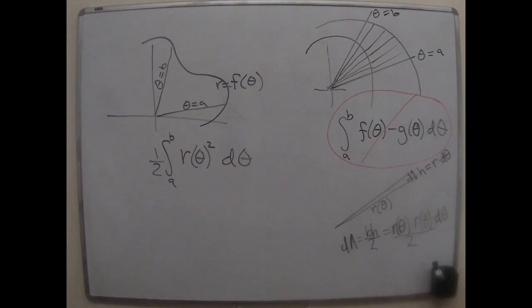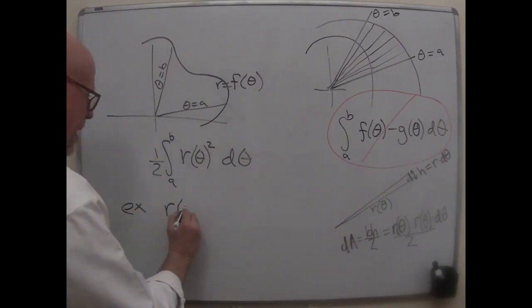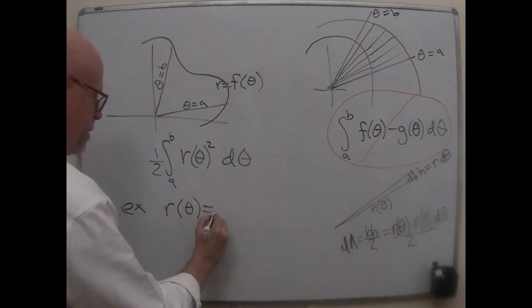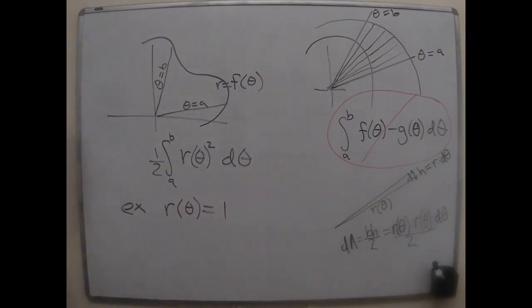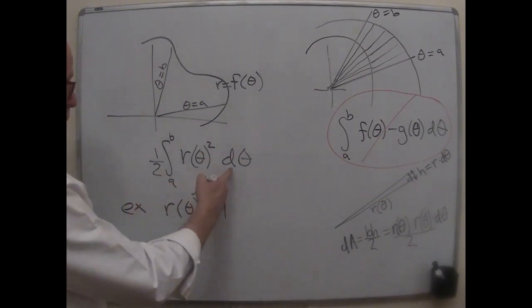Let's verify, right? Let's make this work, check this works for something we know well. Suppose r doesn't actually depend on theta, but it's just a constant. R of theta is 1. Then what we get in here is 1 squared d theta.